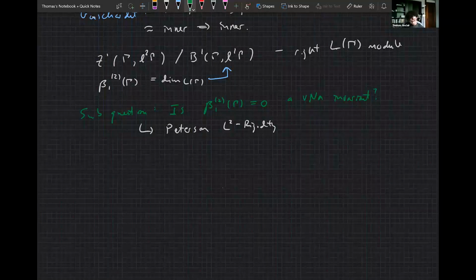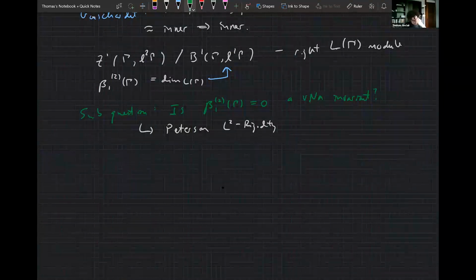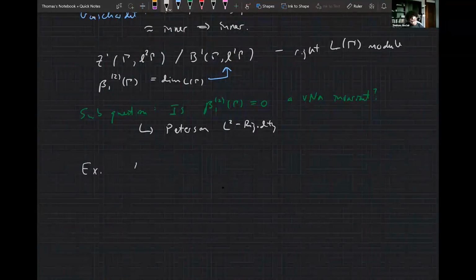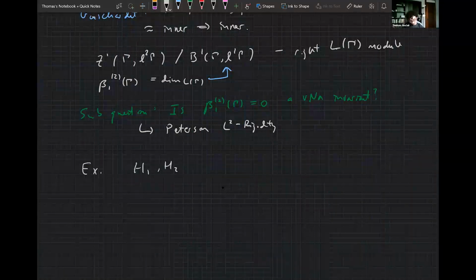So what are some things that have 0 L2 Betti number? Let's write down a general type of example. Let's look at a group gamma, and let's have two property T subgroups, H1 and H2.